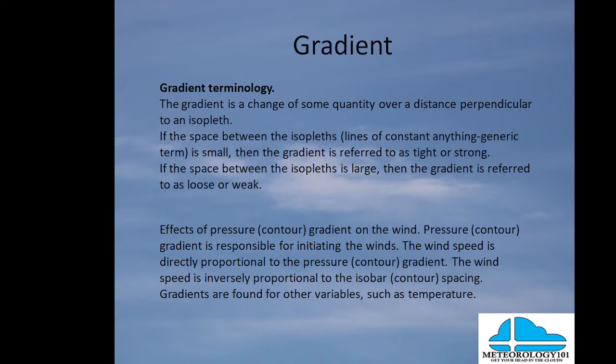Now that tight temperature gradient, you can use that to indicate placement of the jet stream. The jet stream is basically caused by the north-south temperature gradient. So once you get into the upper levels, how tight that north-south temperature gradient is, those tighter areas are going to be where you can actually locate the jet stream. So you can do that from the 1,500 millibar thickness chart, or anything above 500 millibars.